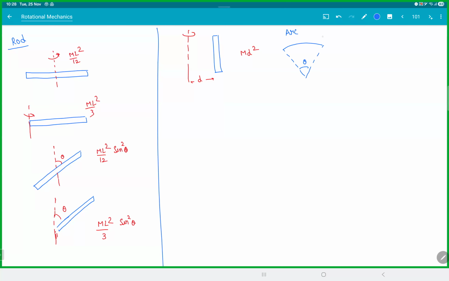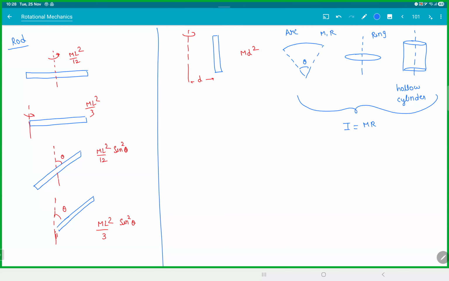Arc, mass and radius. The ring, the hollow cylinder. All these three will have M r square.